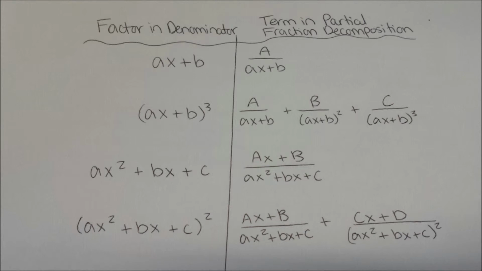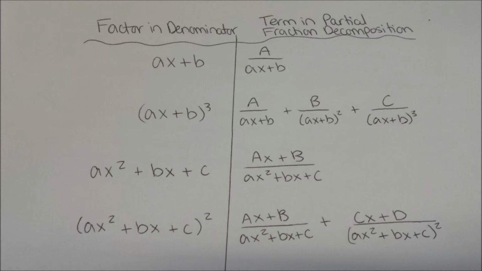In the second example, the term ax plus b occurs 3 times in the denominator. You will account for that by forming 3 fractions containing increasing powers of this factor in the denominator. If ax plus b were raised to the 4th, you would add d over ax plus b to the 4th. If the denominator contains a second-degree factor, the numerator will need a first-degree factor instead of just a number.